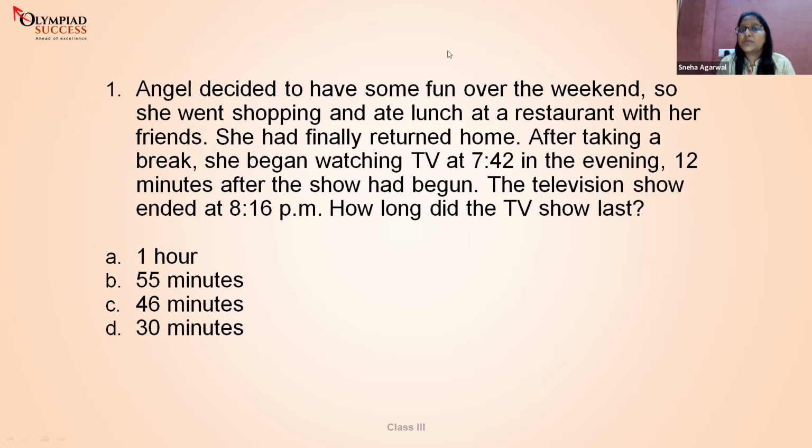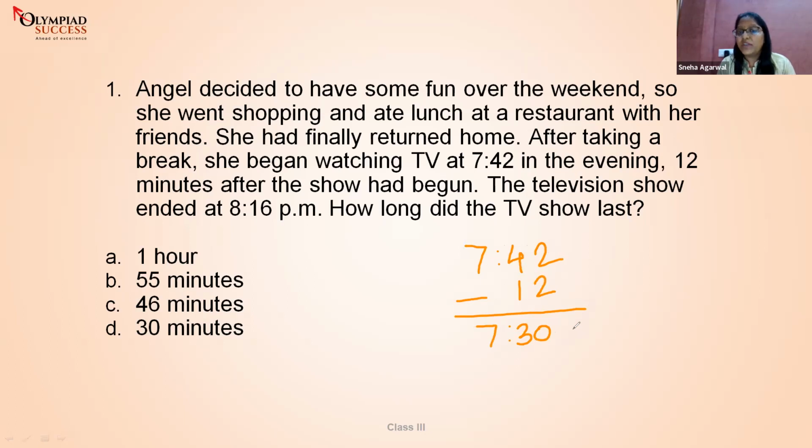We are just going to subtract 12 minutes from 7:42. So if I subtract 12 minutes from this, I'm getting the timing as 7:30 p.m., right? That means my show started at 7:30 p.m., but she started watching TV at 7:42.